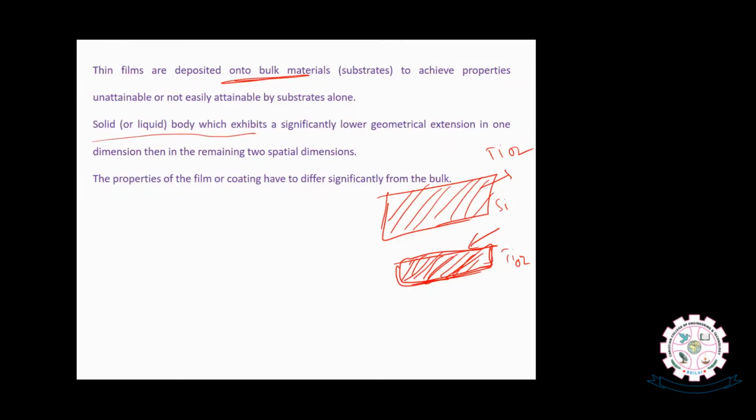A thin film is a solid body which exhibits significantly lower geometrical extension in one dimension than in the remaining two spatial dimensions. That's what I told you about thin film. The properties of the film or coating have to differ significantly from the bulk. That means even if I have a TaO2 substrate, if I use it as a device, it doesn't function. But on top of TaO2, if I put a 100 nanometer layer of TaO2, then it gives me a better response.